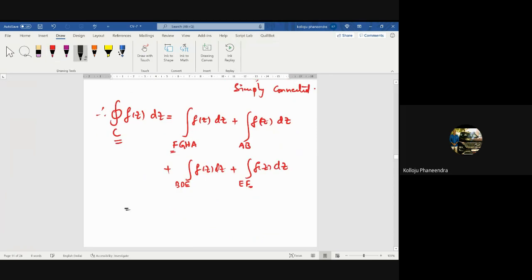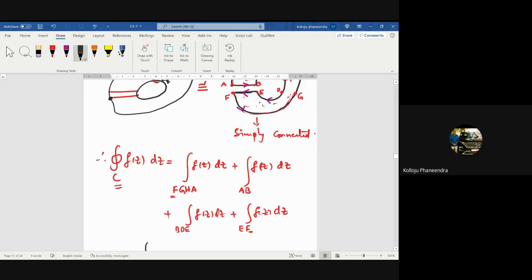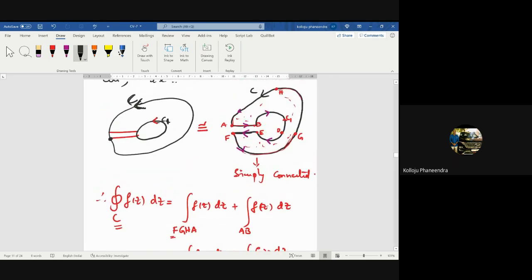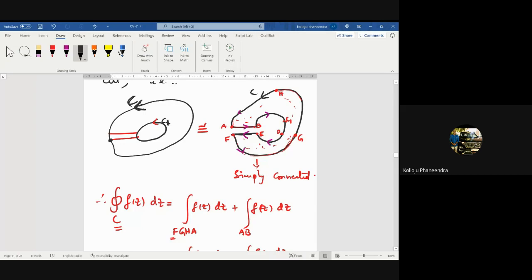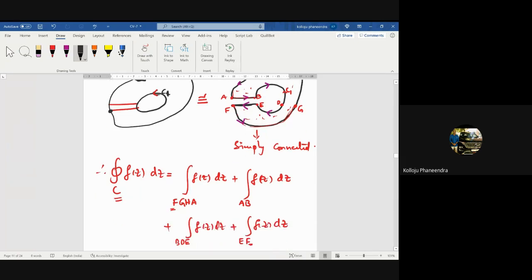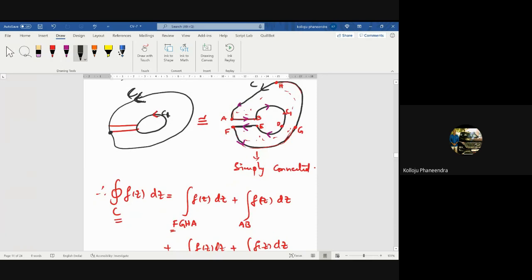Then what is this equal to? This is not integral over C, I will take this as integral over C. I have to write again. Starting with F, G, H, A, B, D, E, F. I'm writing all this, tracing this curve.